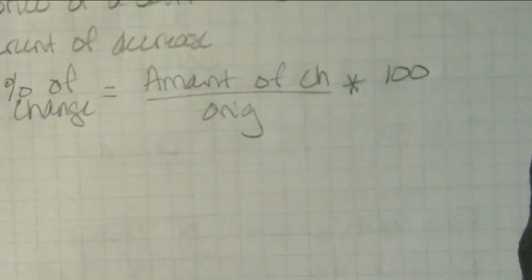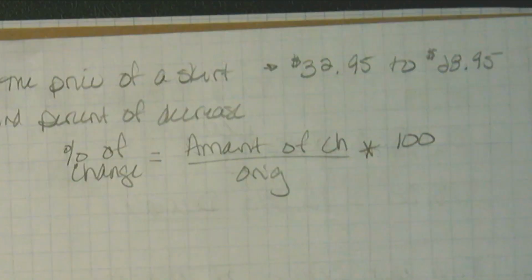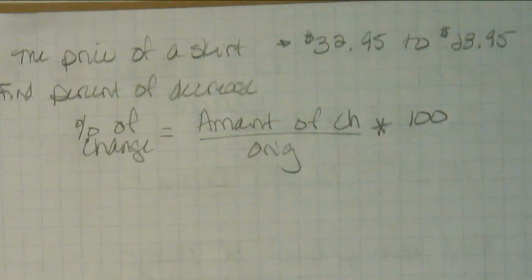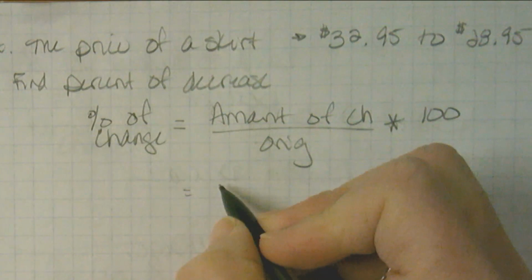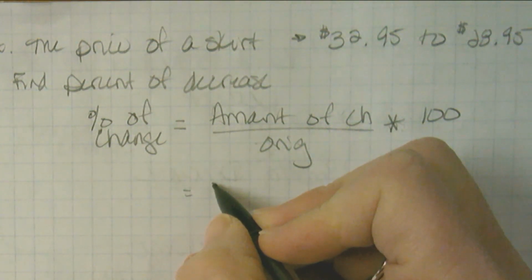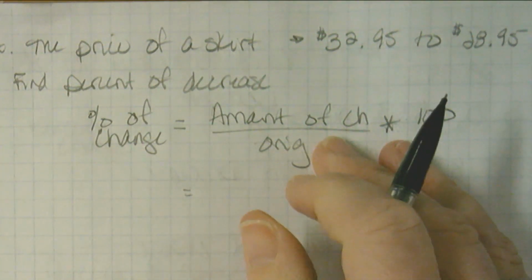So let me get to the problem here. Somebody do this work for us. All right, Jacob, go ahead. So you wrote the formula down, right? Go ahead and fill it in.